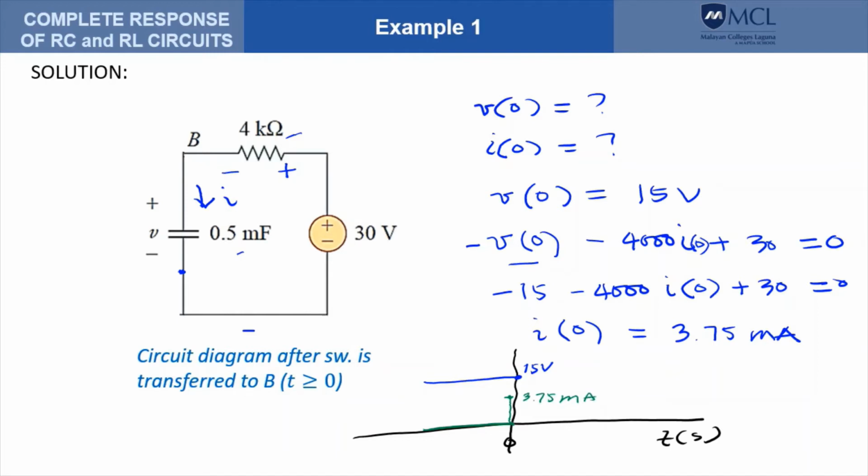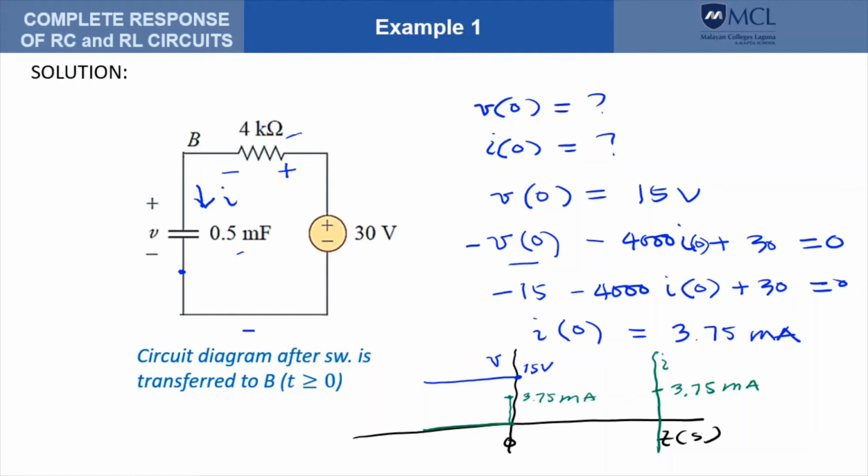So let's assume this to be our voltage here, and this will be our current here. So this is 3.75 milliamps and the voltage is 15 volts.